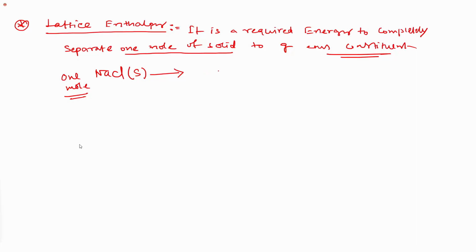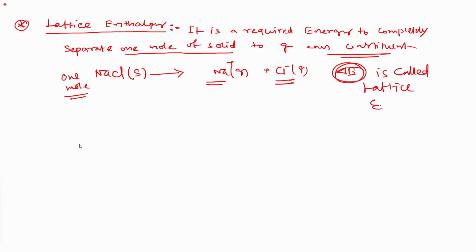Now I am going to separate it as Na plus gas and Cl minus gas. So here, NaCl is a solid, but we are separating the corresponding cations and anions in a gaseous state. To separate, how much energy is needed? That is called lattice enthalpy.